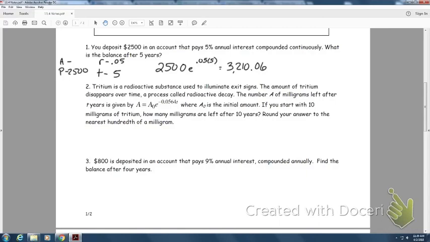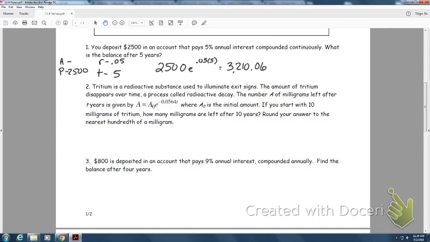All right, the next problem is kind of a physics-y or maybe chemistry-esque problem, and I didn't really like either one of those classes, so we're going to go to 3. Trey, will you read number 3 for me? $800 is deposited in an account that pays 9% annual interest, compounded annually. Find the balance after 2 years.